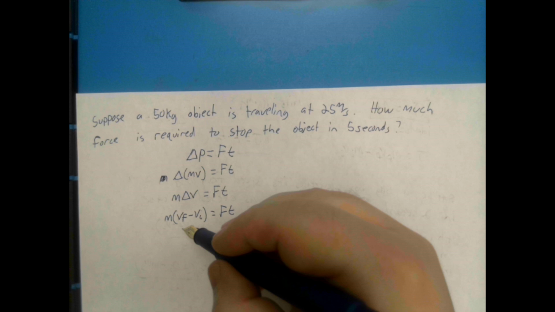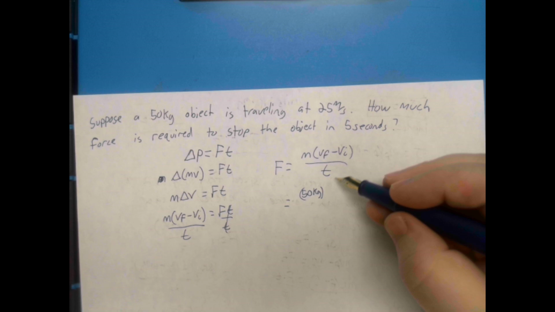So that would be 50 kilograms times the final speed, which is 0 meters per second, minus the initial speed, 25 meters per second, divided by a time of 5 seconds.